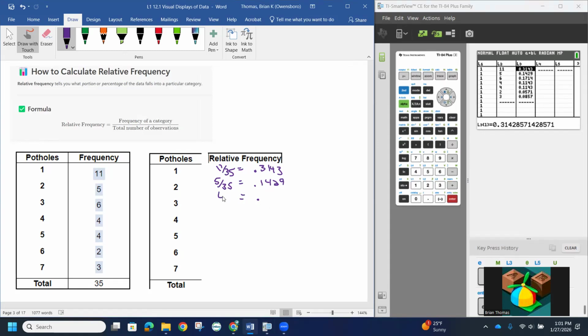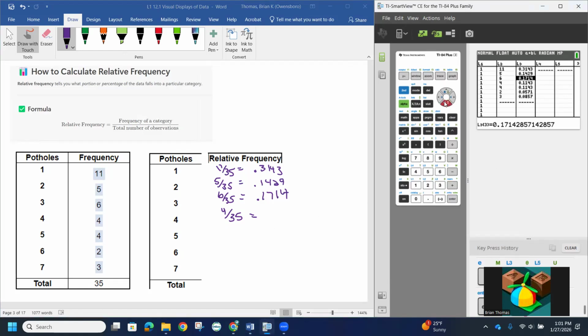So this would be 6 divided by 35, which turns into 0.1714. Notice how it does round for me and everything. And then 4 out of 35, we do get, and again, if we look down here, you can see the numbers too.